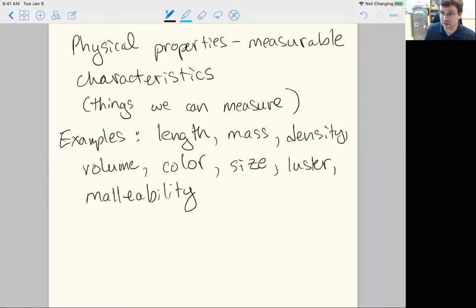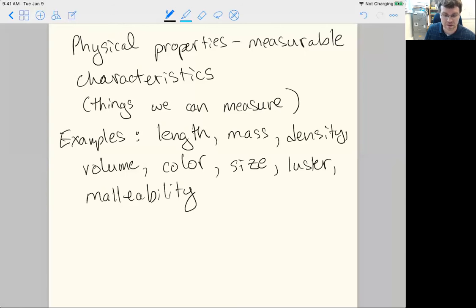Mass is another thing related to the size of something. When we think about mass, that's a measurement of how much matter is in something, but it really is quite proportional to how much it weighs. And there are some more complicated physical properties like malleability and luster, which are properties commonly attributed to metals.